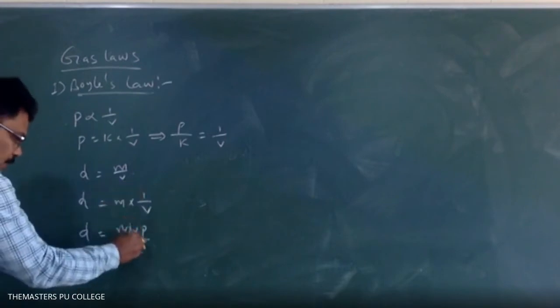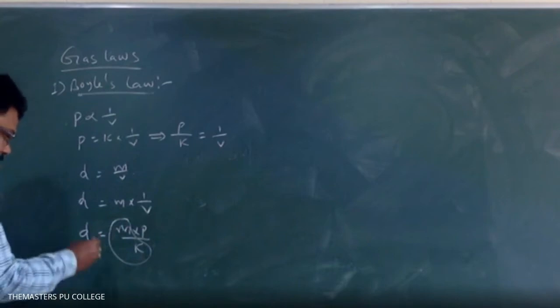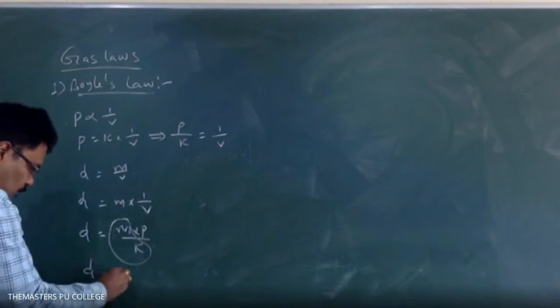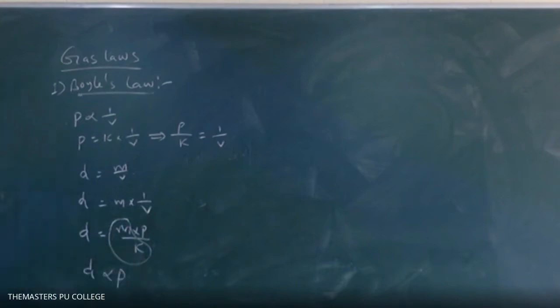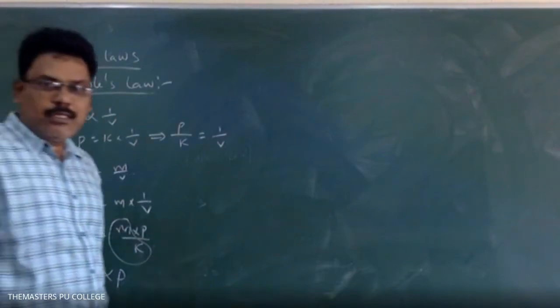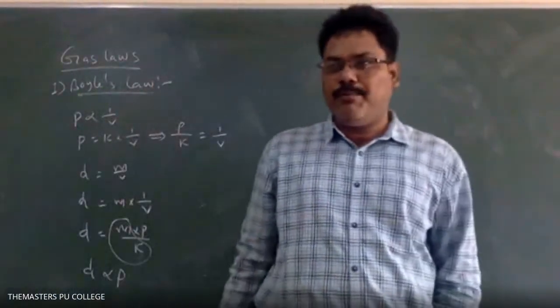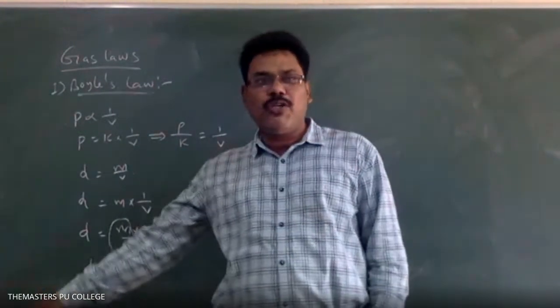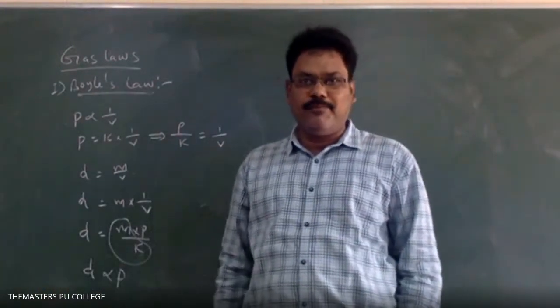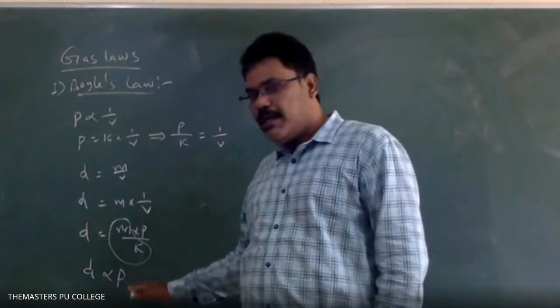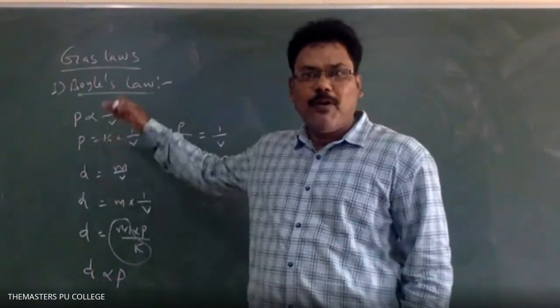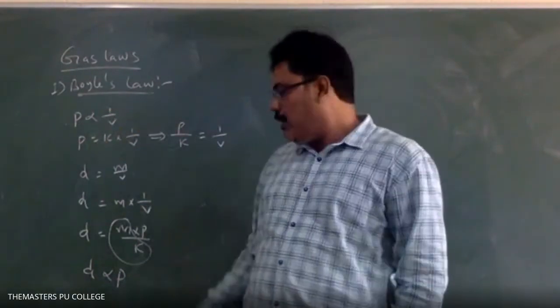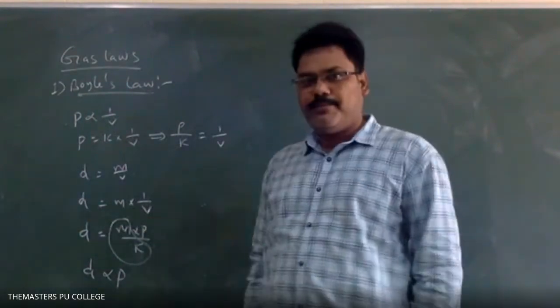Then this M by K is constant, therefore D is proportional to P. Okay, that means for a fixed amount of gas at constant temperature, the pressure is directly proportional to its density. So we are deriving the density-pressure relation from Boyle's law as per the definition of density.